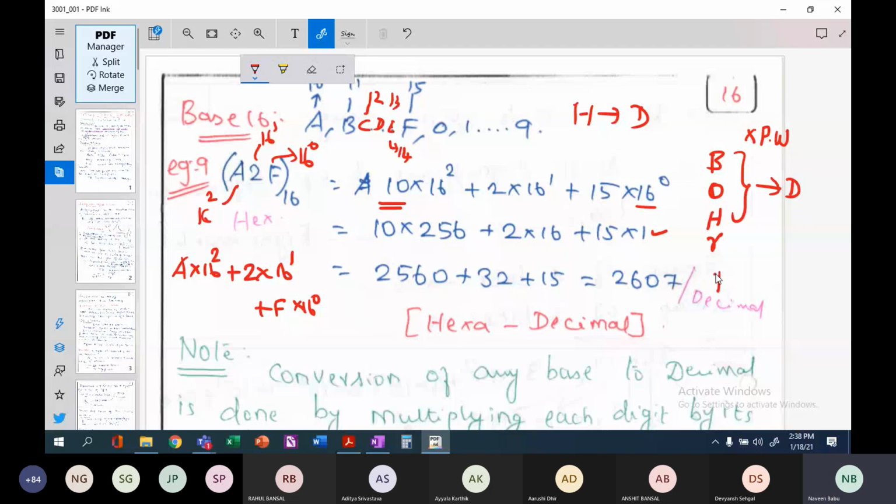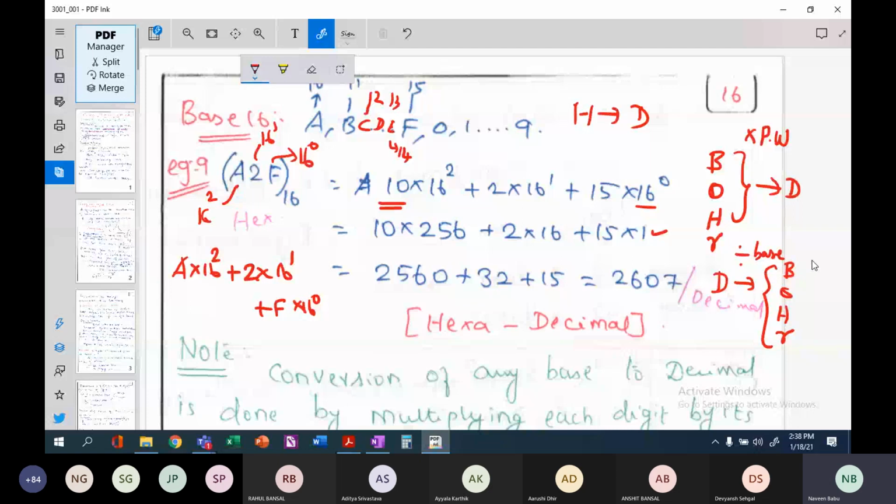Or you have a decimal number and you want to convert it into any other base, say for example binary or octal or hexa, or any other base. Here you multiplied with the positional weights. Here you divided with the base number.